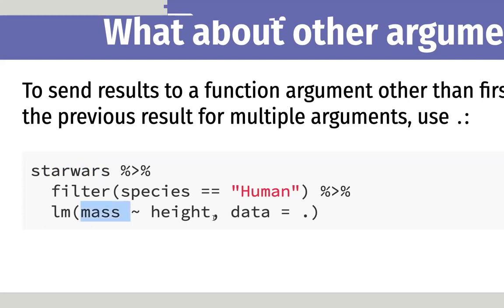The first argument of the LM function is the model itself, so that's not where I want to pipe it. I want to pipe it into the data argument, so I can use this dot to indicate that. So the pipe basically is just a way to split out your code so it's a little bit more human readable, where it's just sticking the thing on the left side of the pipe into the first argument of whatever it is on the right.